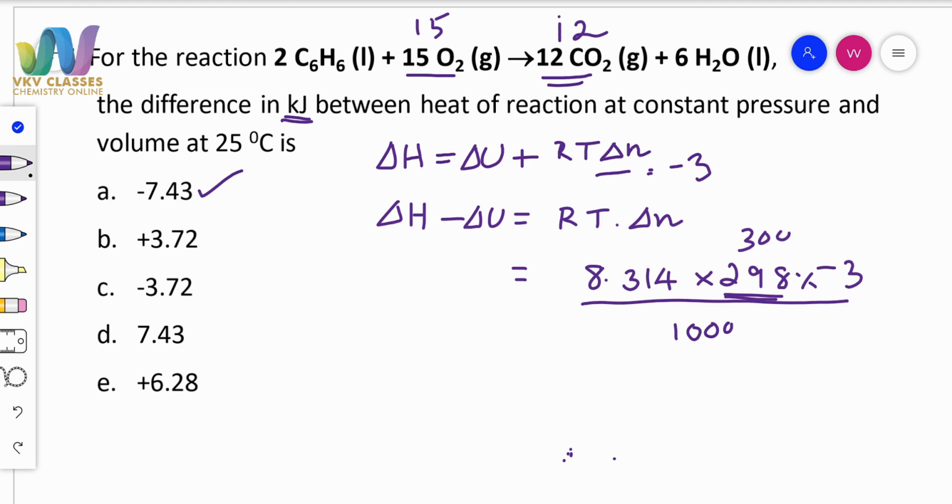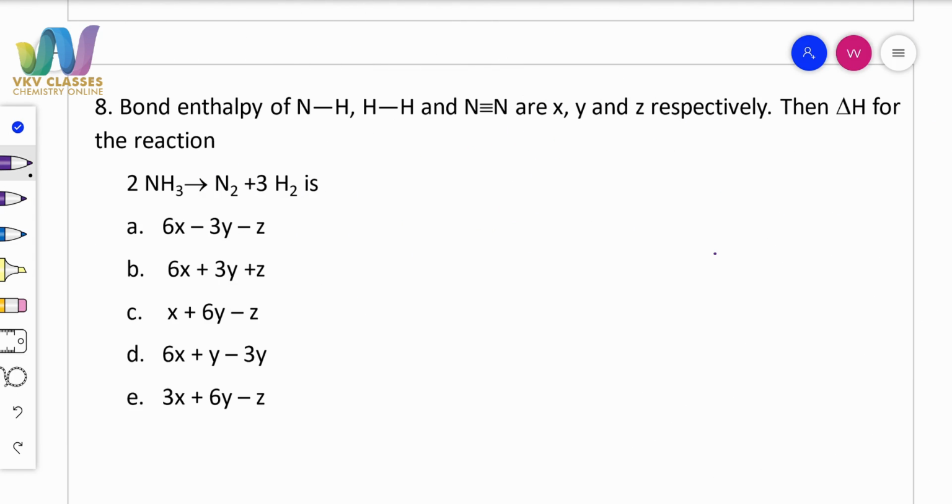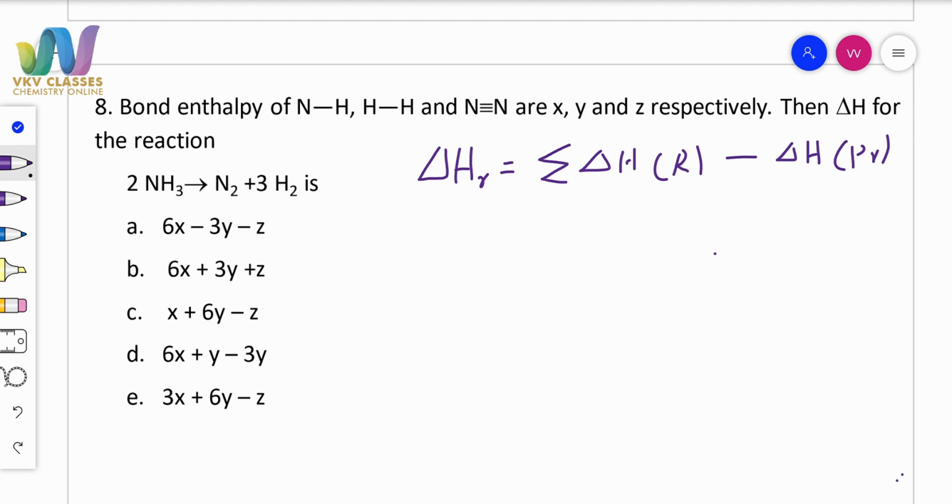In most of the problems you have to do things like this: bond enthalpy of N–H, H–H, N triple bond N are X, Y and Z respectively. Then delta H for the reaction 2NH3 gives N2 plus 3H2 is? Now using bond enthalpy you can calculate the enthalpy of reaction using the equation: delta H will be total enthalpy of the reactants minus total enthalpy of the products. Now remember, it is only in the calculation using bond enthalpy that it is reactant minus product.